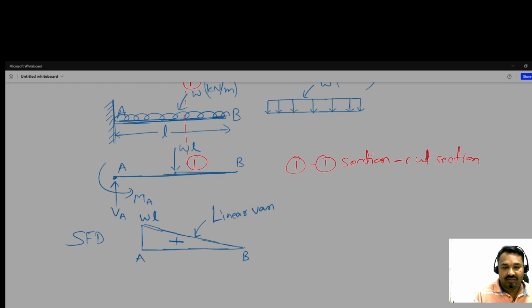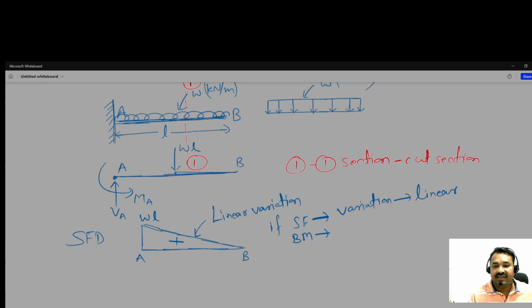If the shear force variation is linear, then what about the bending moment diagram? Shear force is multiplied by the perpendicular distance, so it is distance multiplied by distance.